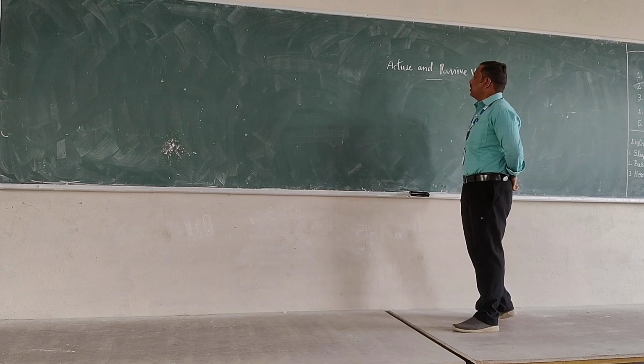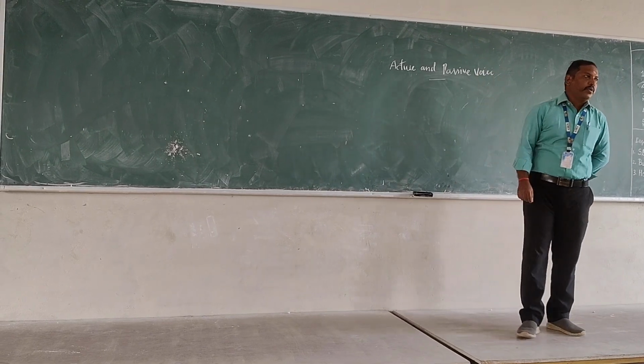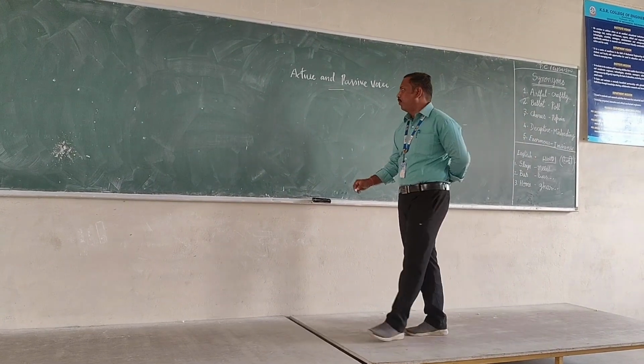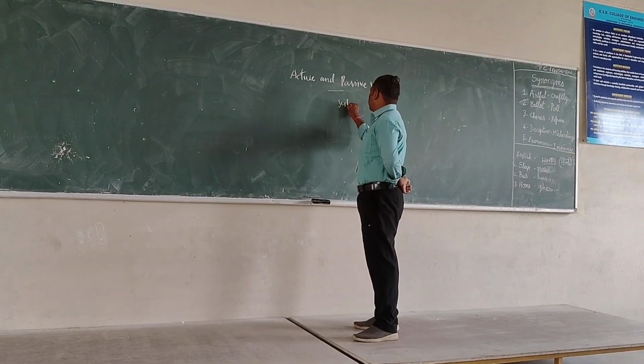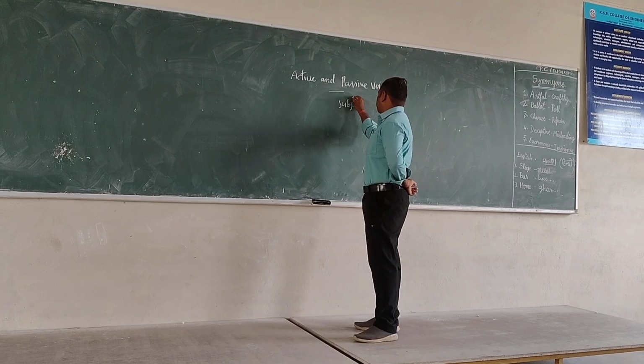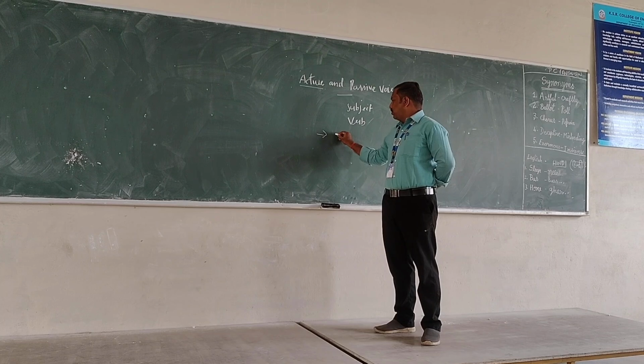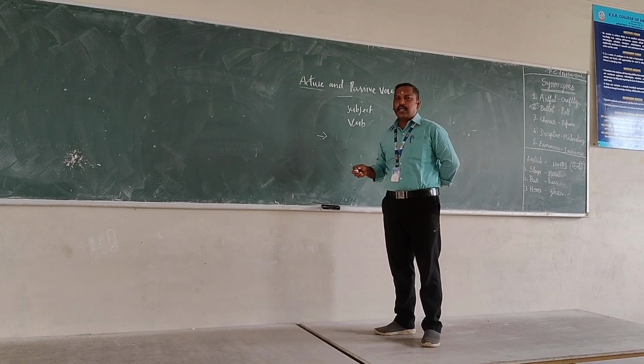Active and passive voice is a grammatical concept that shows the relationship between subject and verb. In the active voice, the subject is doing the action.